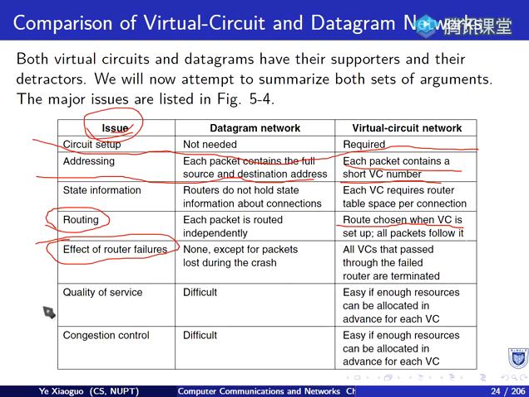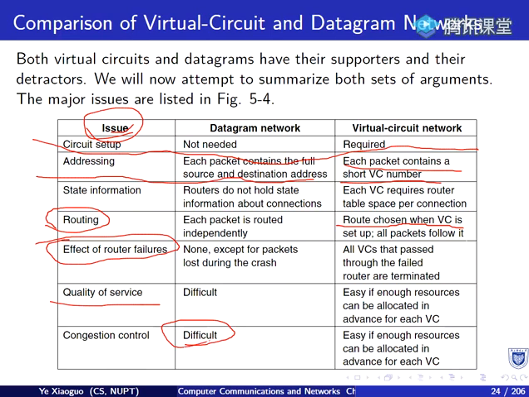Quality of service is difficult for a datagram network, but easy if enough resources can be allocated in advance for each VC. Congestion control is also difficult for a datagram network.